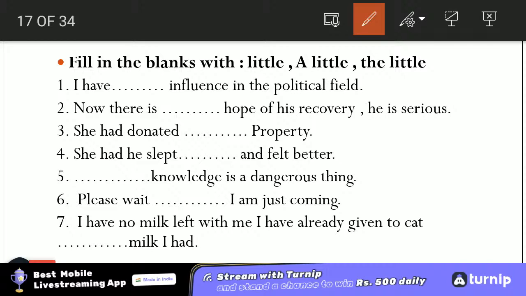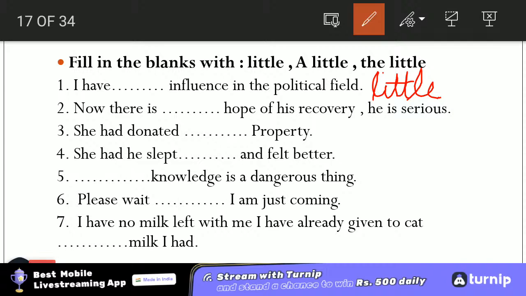So, I have dash influence in the political field. जब ज़्यादा इन्फ्लुएंस ना हो, और जब ज़्यादा नहीं होता तो हम यूज़ करते हैं लिटिल. तो I have little influence in the political field, थोड़ा सा ही इन्फ्लुएंस है मेरे को पॉलिटिकल फील्ड का.